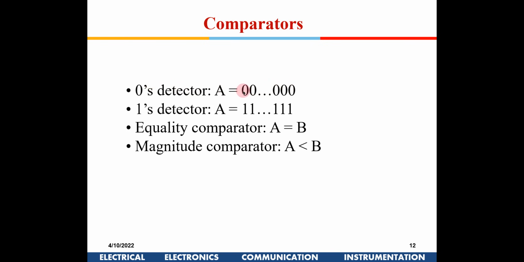You could make a detector which gives a high signal when all the bits are 1, or an equality comparator which checks if A equals B, and then the result should be high. Or you could have a magnitude comparator which compares whether A is greater than B or less than B. So you could have various kinds of comparators.